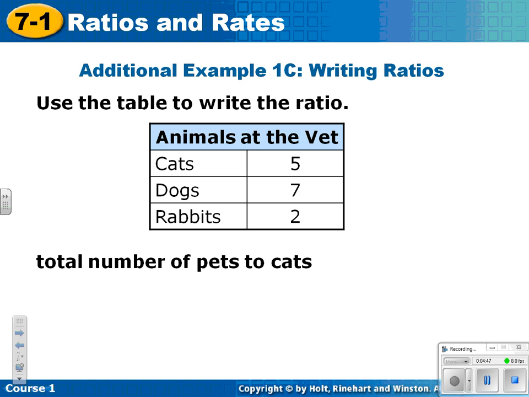So total number of pets is 14. Cats is 5. Because it asks total number of pets to cats. Why does order matter? Why is purple called purple? Don't know. It is. Okay? That's the rule for ratios. Order matters. Okay?